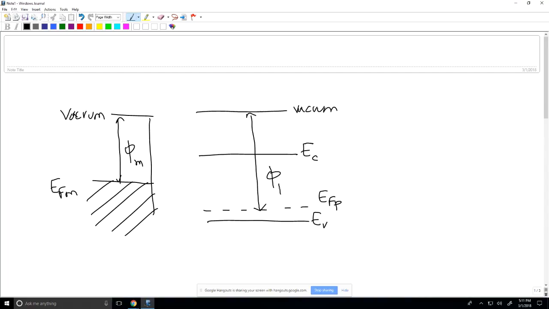This is again the work function of my p-type semiconductor. Now when I bring the metal and my p-type semiconductor together, I should form a junction. Phi P is greater than phi m. That junction is basically called a Schottky junction.